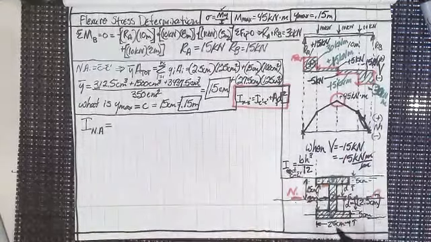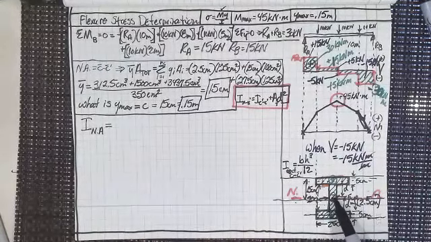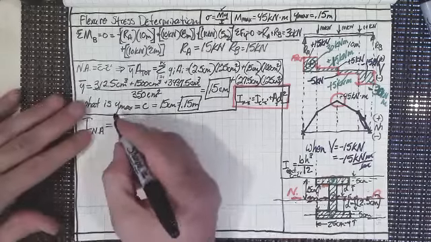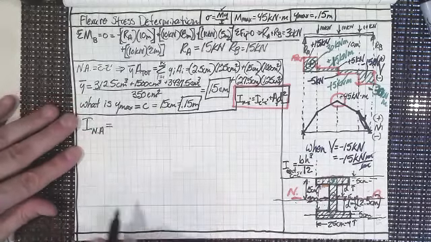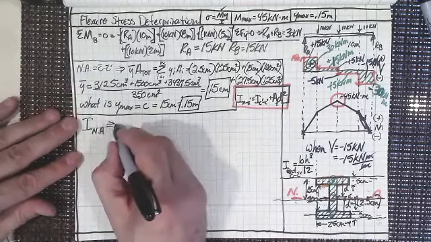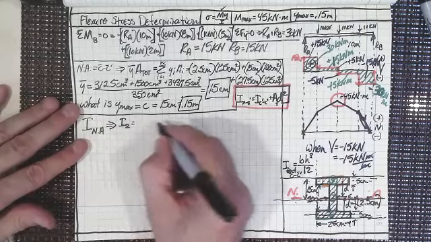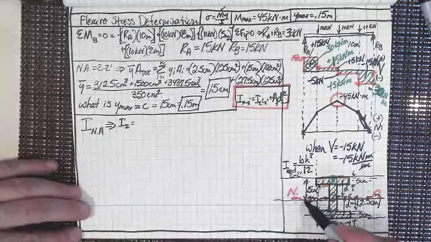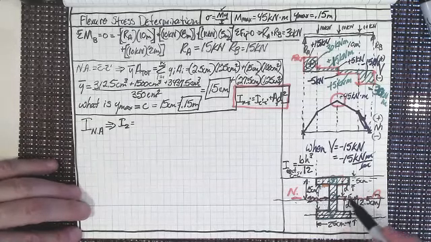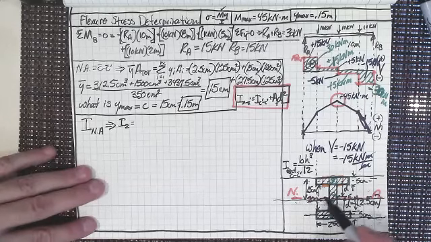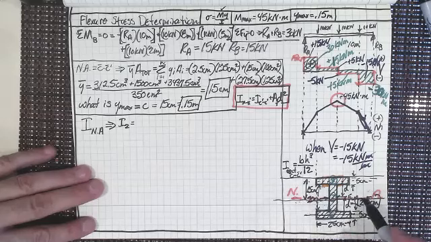So let's do the rectangle right in the middle. Let's do I of 2 first. I'll put an arrow there. Since the centroidal axis goes right through there, we don't have to use the parallel axis theorem at all, because the centroid of it and the centroid of the composite body are exactly the same.